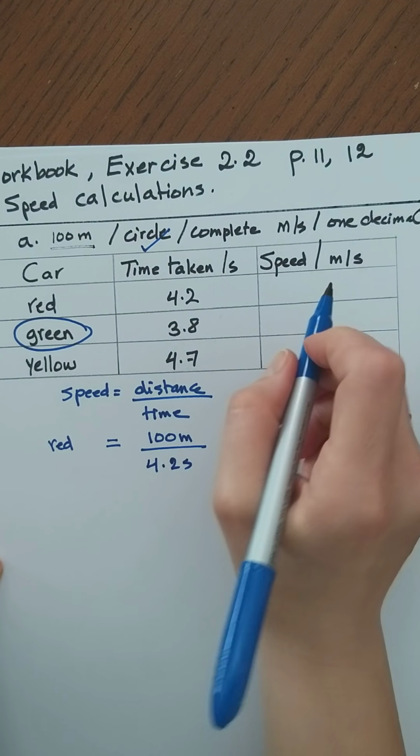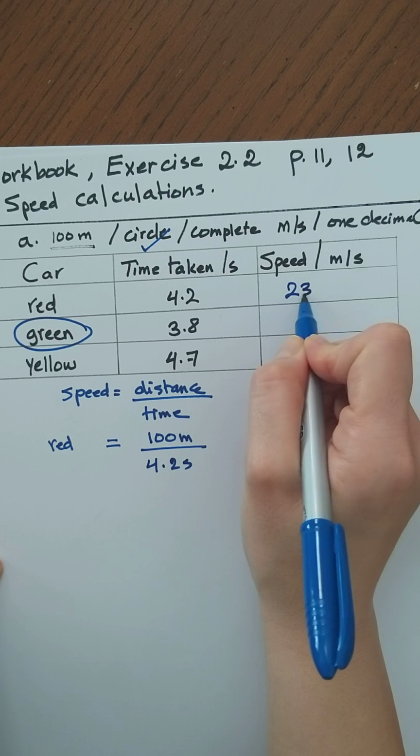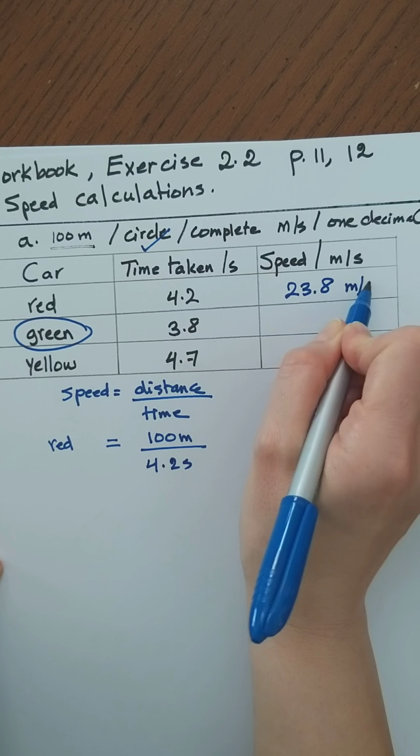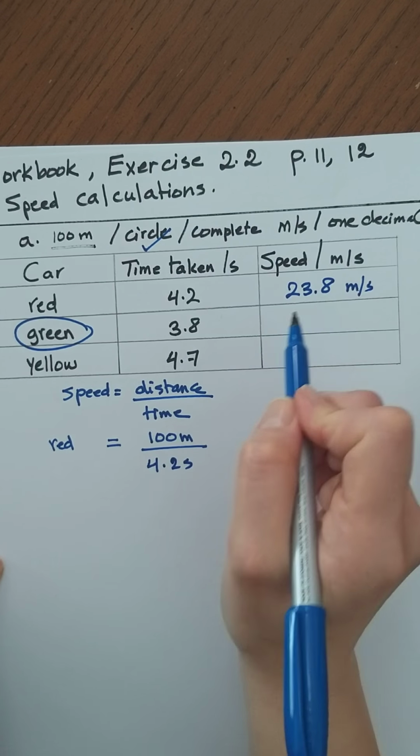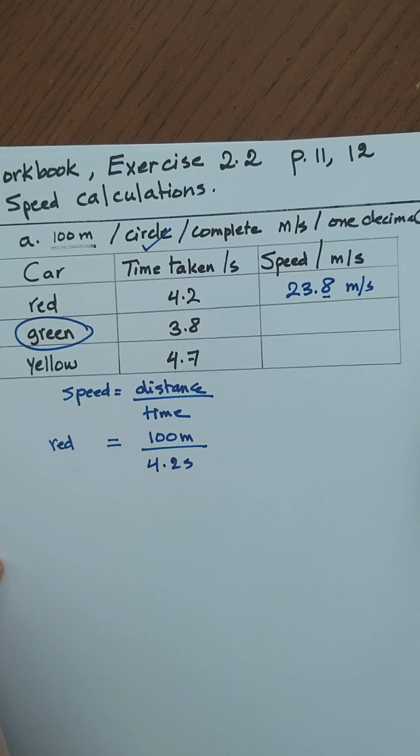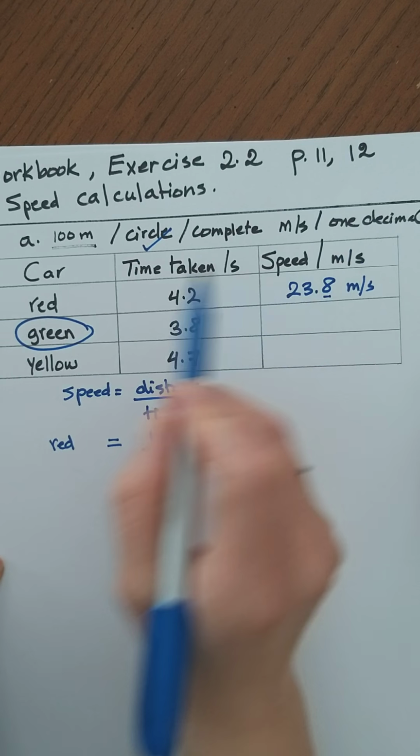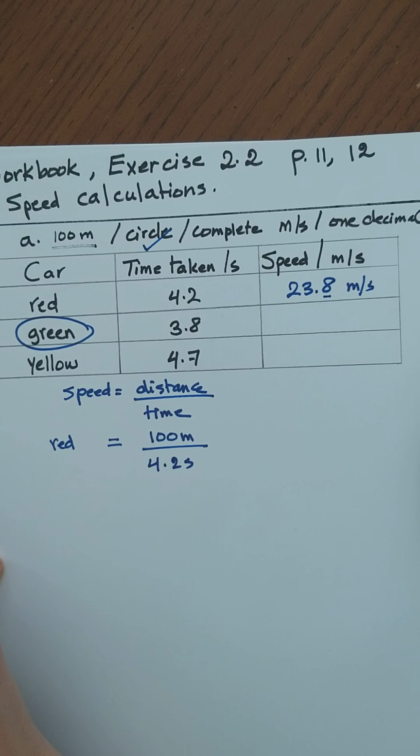The answer is 23.8 meters per second. They want the answer in meters per second and to 1 decimal place. Okay, so you don't have to round the answer.